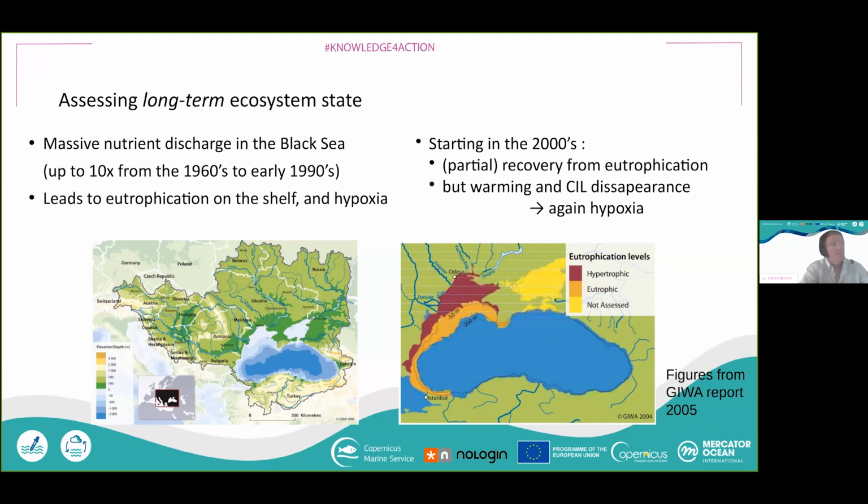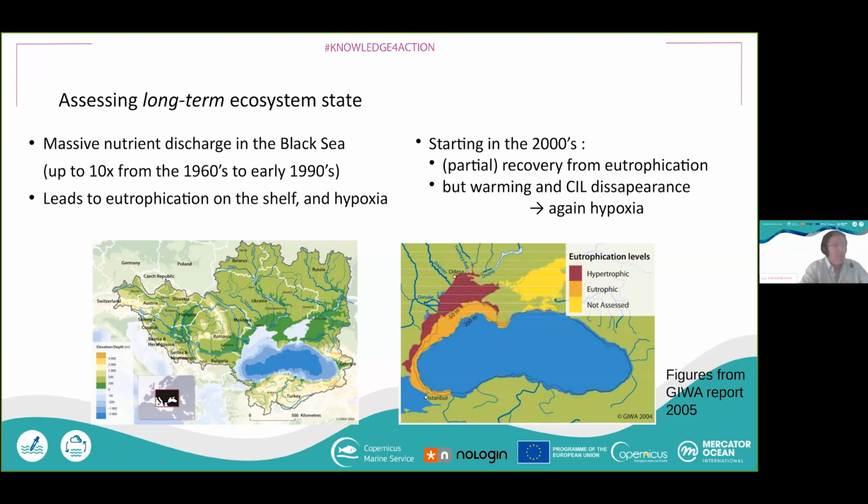It's not really the case for the rivers coming from the north, from Russia and Ukraine. That's why we say it's a partial recovery. But later on, due to warming, the cold waters start to disappear. The water is starting to get warmer. And again, this can lead to hypoxia. Of course, if the water is warmer, then less oxygen can be dissolved in it.